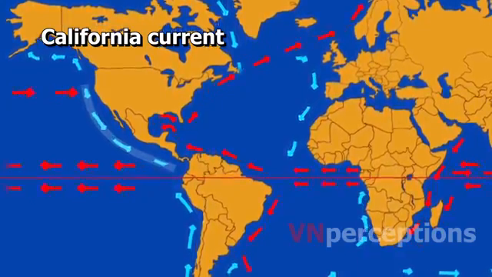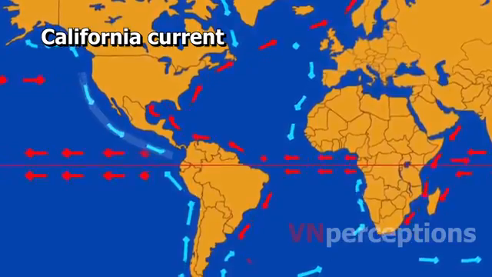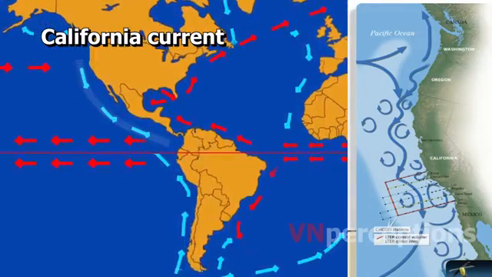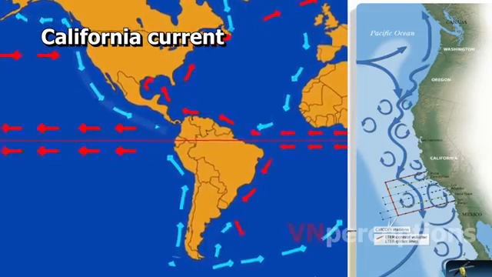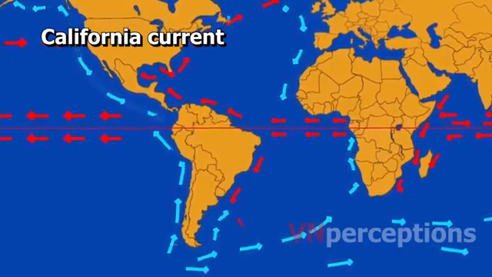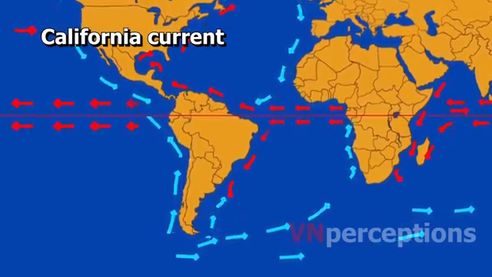It is characterized as having numerous circular surface formations called eddies, which form by a meandering section that spins off in different directions. The California current keeps temperatures mild along the coast during summer months.